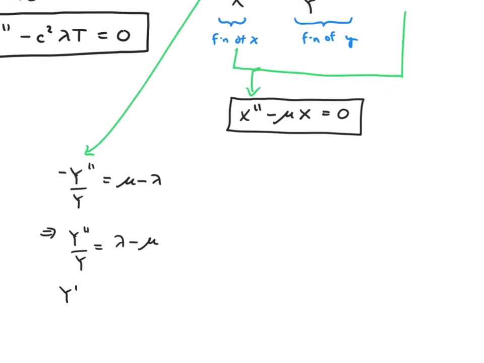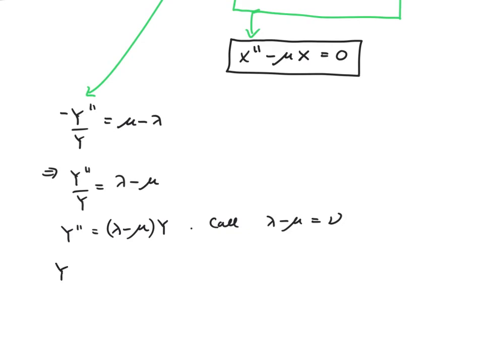And so Y double prime is equal to lambda minus mu Y. Just for notational ease, I'm going to introduce a new variable, nu, which is the lambda minus mu.